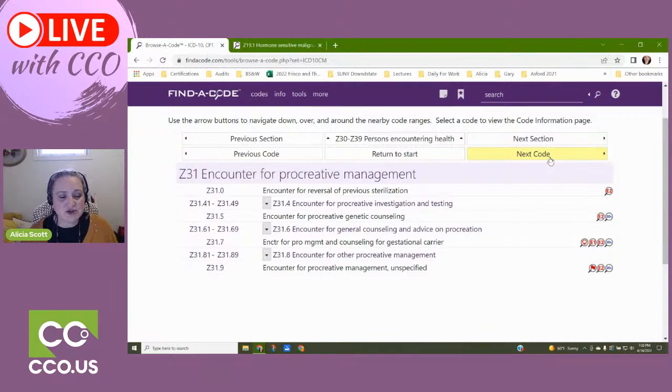So now we move into encounter for procreative management. This is not the same as the previous section, because contraceptive is to prevent pregnancy, and procreative management is to create life. So we have reversal of previous sterilization that can be done for men and women, and procreative investigating and testing. So you're going to see, is this even a possibility? Are we candidates, etc.? Genetic counseling.